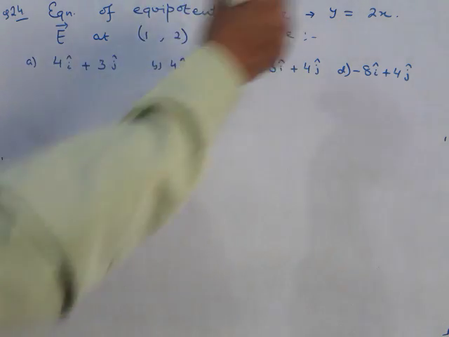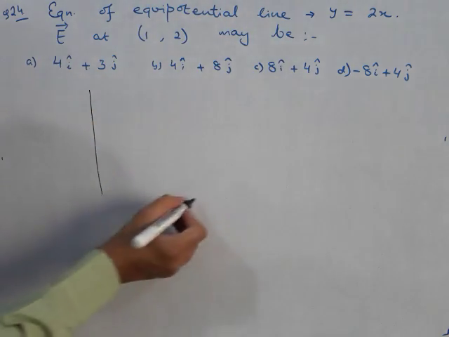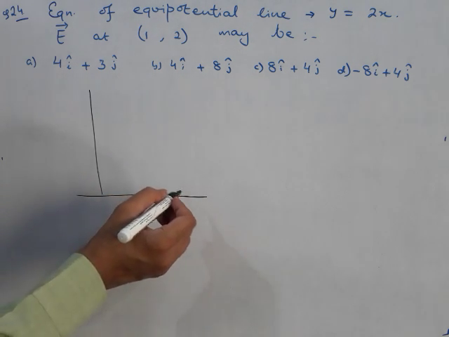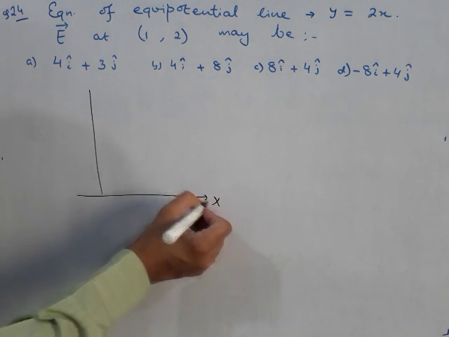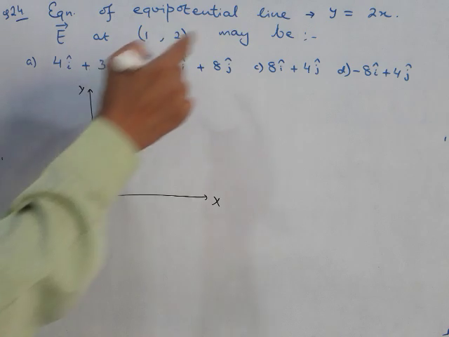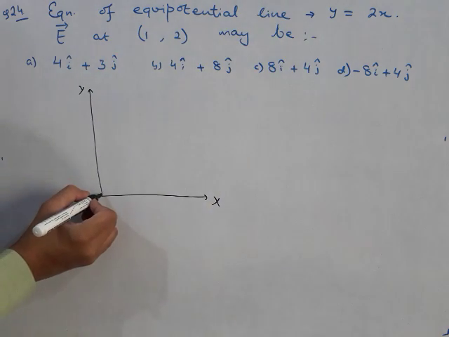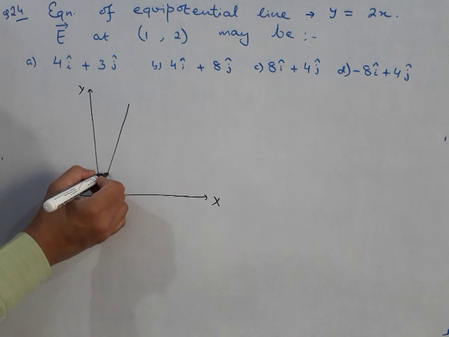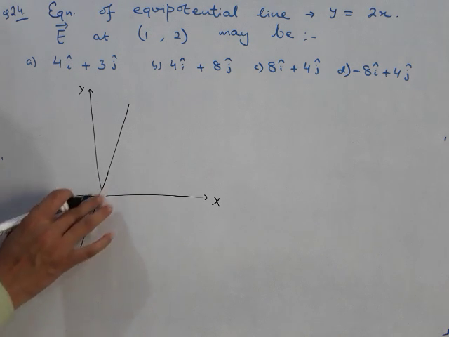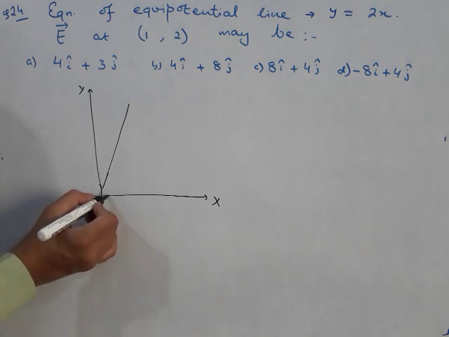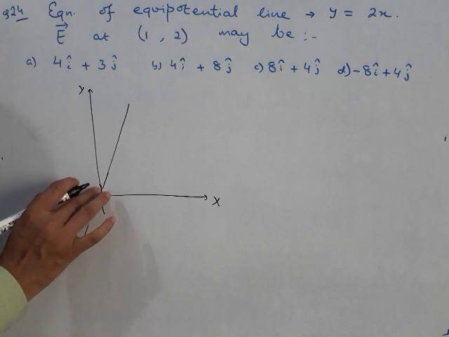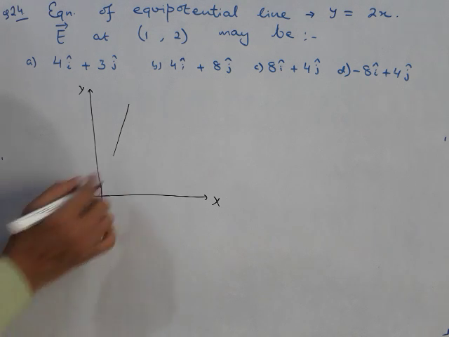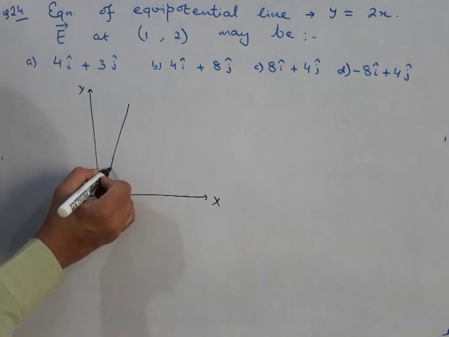Let's see how this equipotential line looks like. So this is x-axis, this is y-axis. We have the equation y is equal to 2x. It must pass through origin, and it will be a line like so. So it will pass through origin.